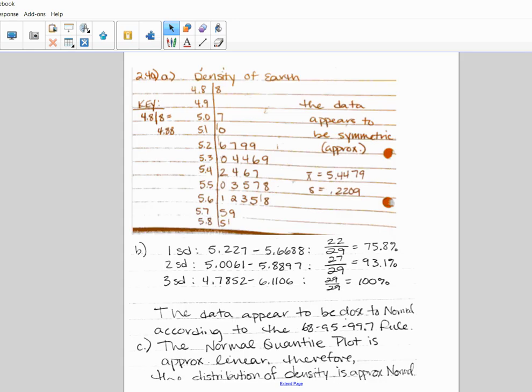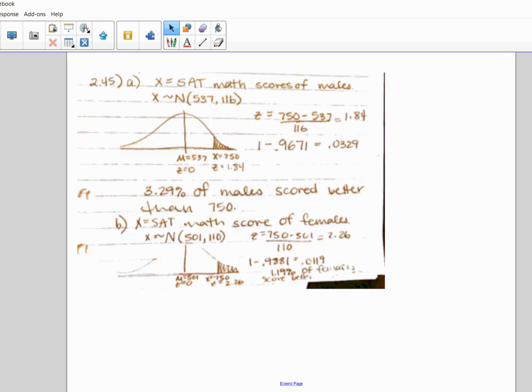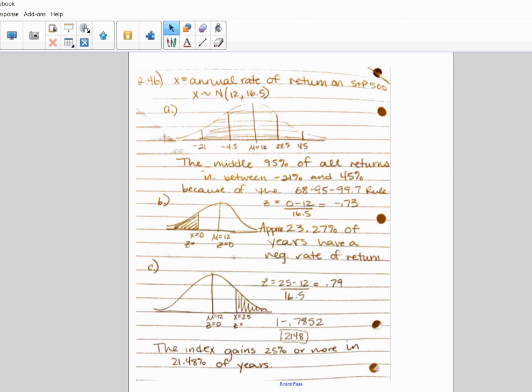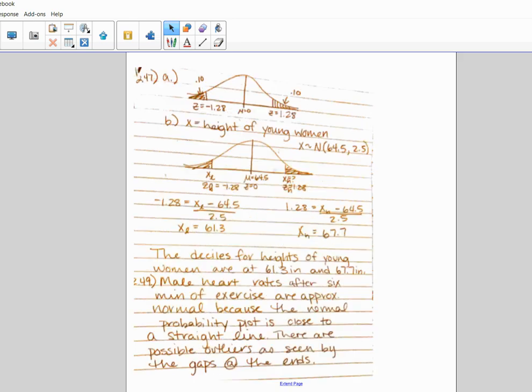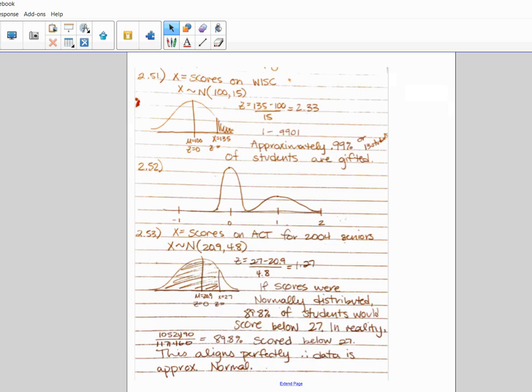So here are the chapter 2.2 review problems. And then these are the chapter review problems.